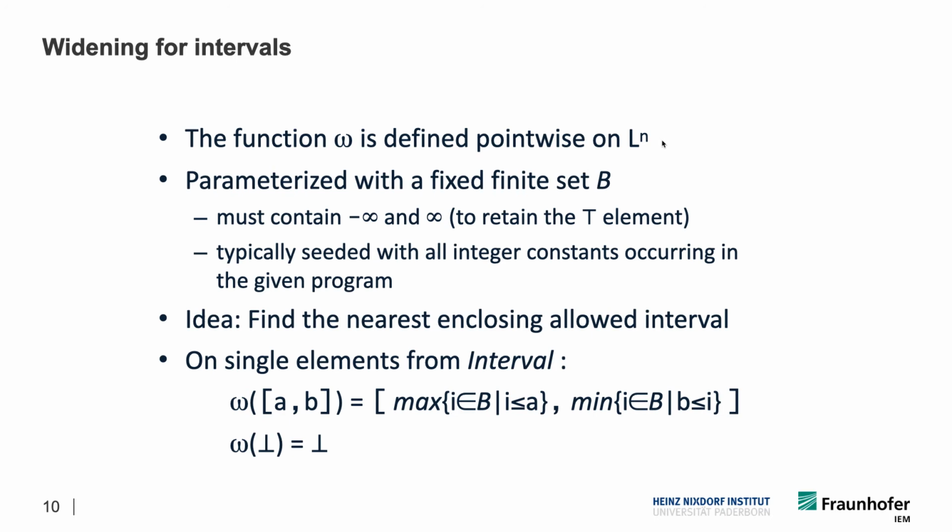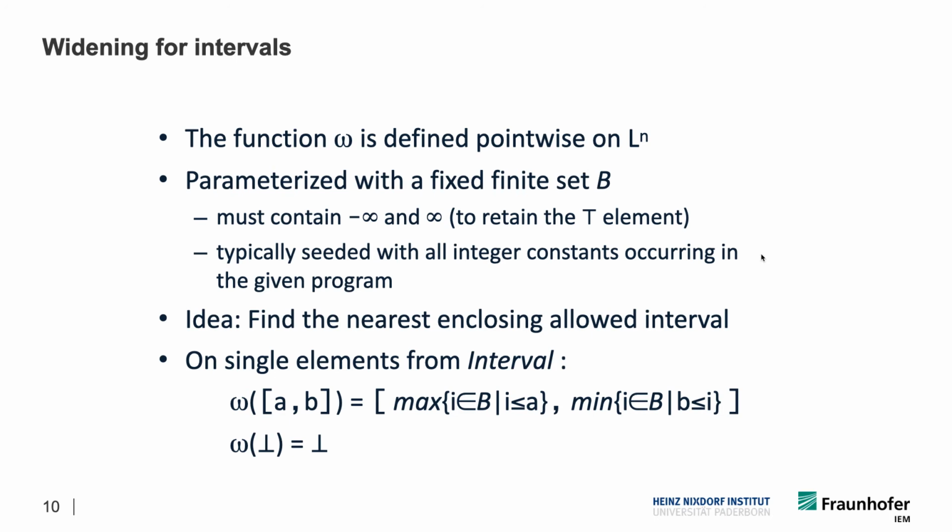And in this case, where we're talking about the interval lattice, it must actually contain minus infinity and also plus infinity, so that we can still retain the representation of the top element that covers this entire interval here. And typically then B is also seeded with all integer constants that are actually occurring in the given program. We will be discussing this later, but that can actually make sense.